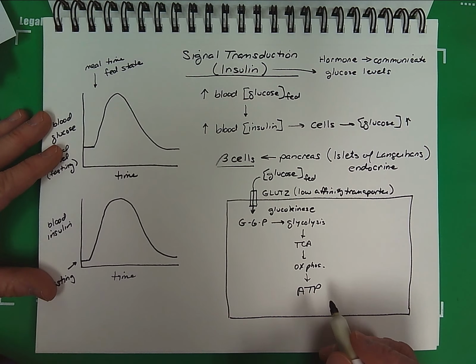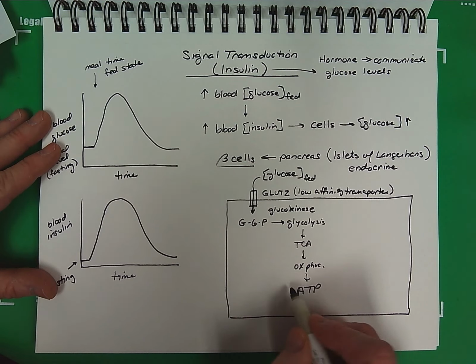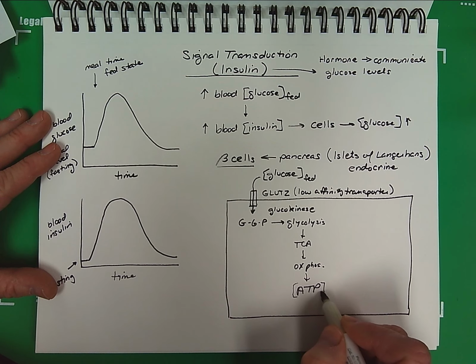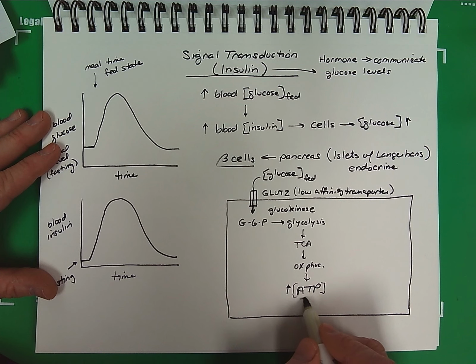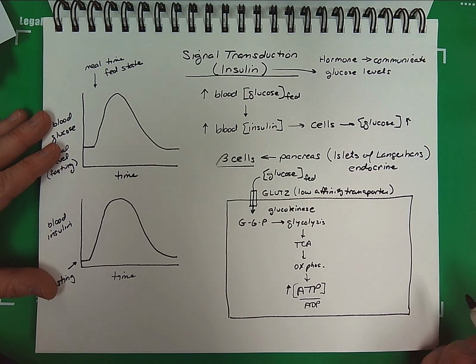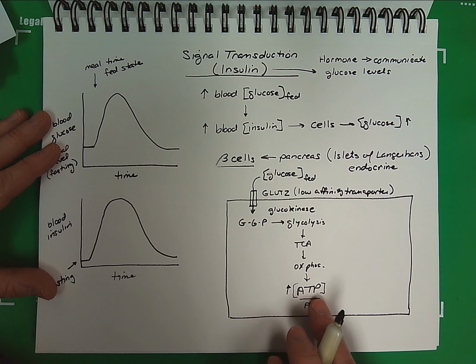From the oxidation of glucose, the concentration of ATP rises dramatically in the cell. If we look at the ratio of ATP to ADP, we see this is a very high ratio. So the elevated concentrations of ATP are going to be affecting a change in the cell's physiology and behavior.